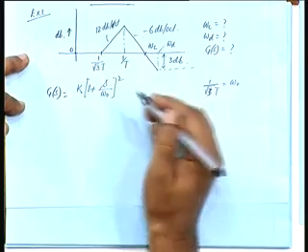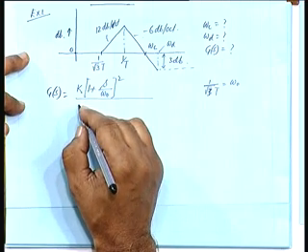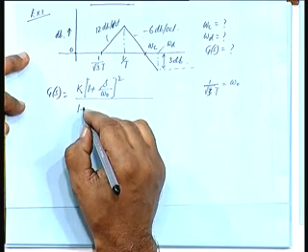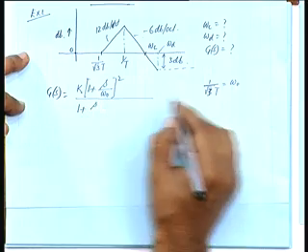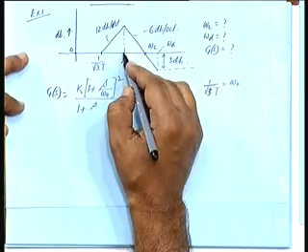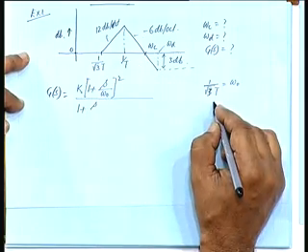Then, okay, 1 plus s by, okay, 1 by t will be how much then? Root 3 omega 0.